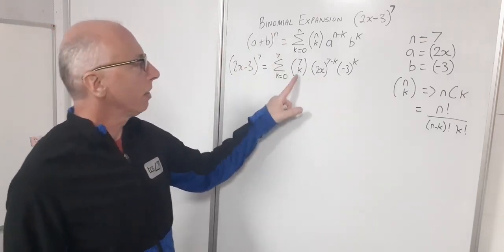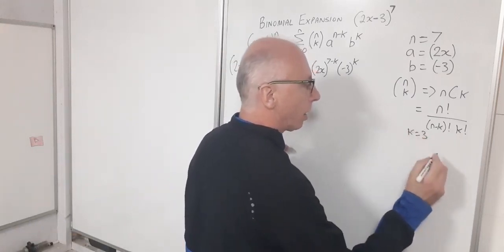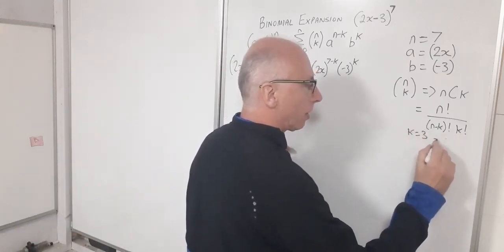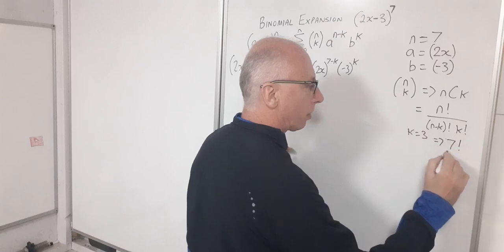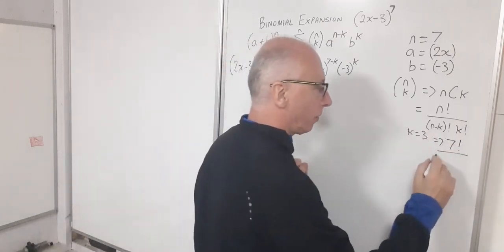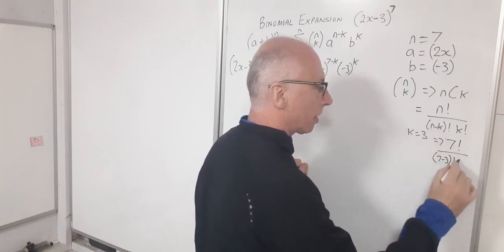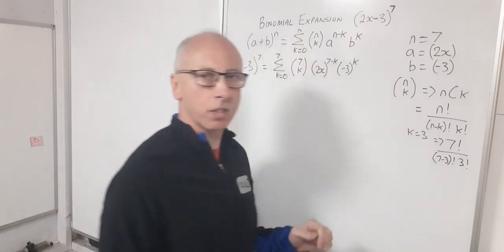In this case, for example, for k equals 3, we have 7 factorial divided by (n minus k) factorial, so 7 minus 3, which is 4, and then the k itself, which is 3 factorial.